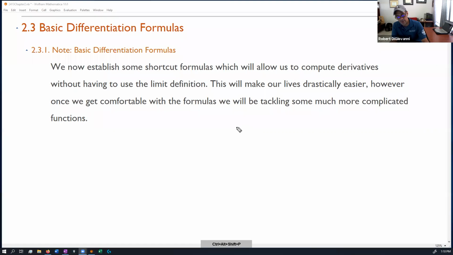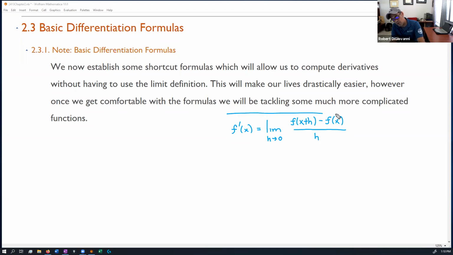The definition of the derivative is the limit as h goes to 0 of f of x plus h minus f of x, all over h. And if you did your homework, you realize that can be messy, right? But now, we finally get to move on past this torture.